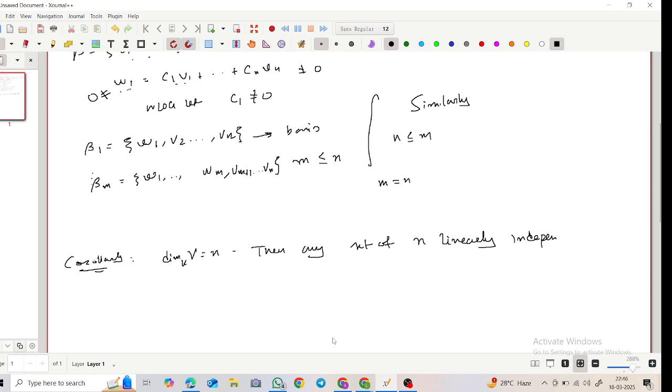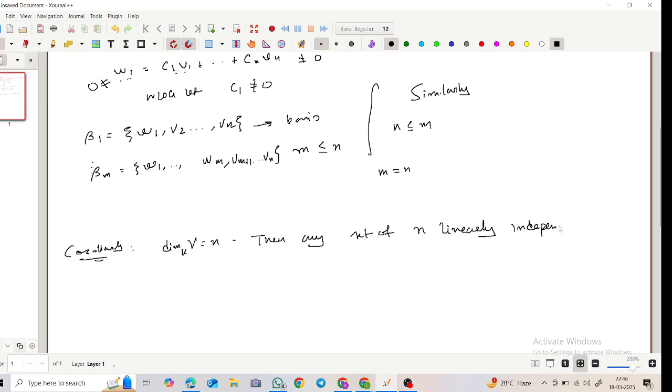So any set of n linearly independent vectors will form a basis. You understand why? So suppose you have a basis alpha 1 to alpha n, okay?